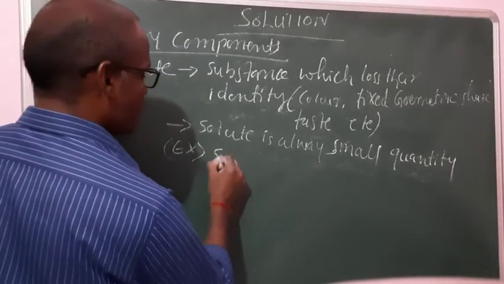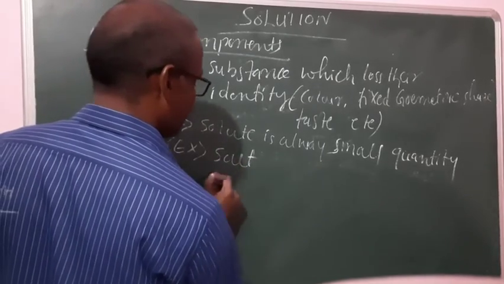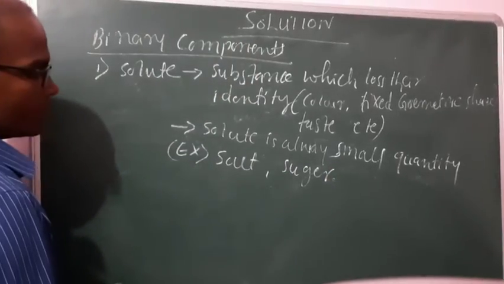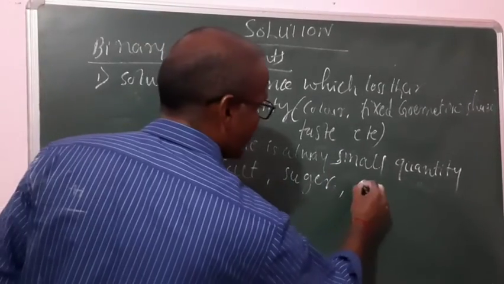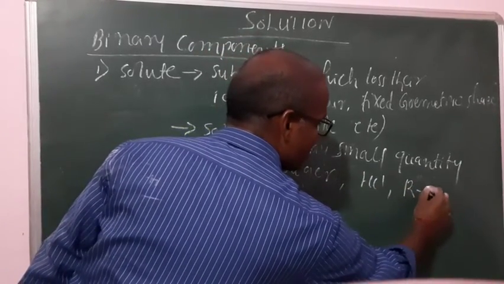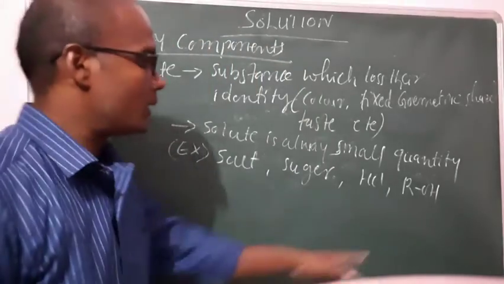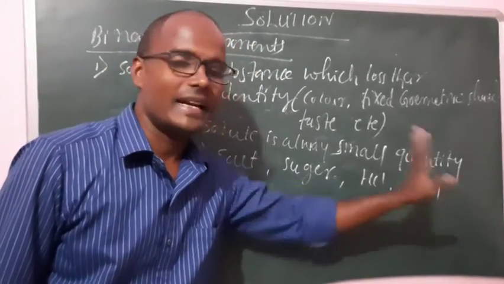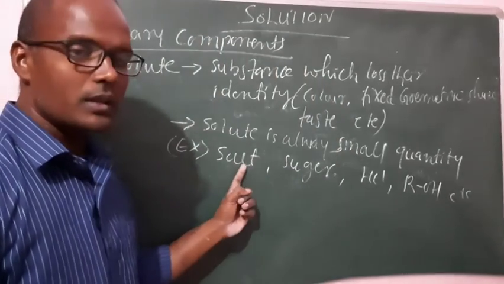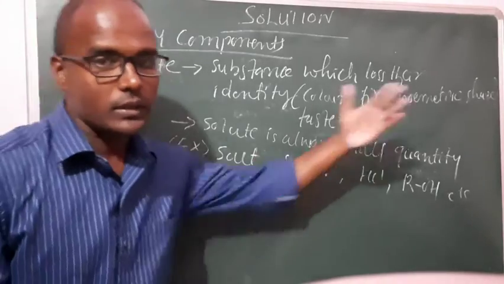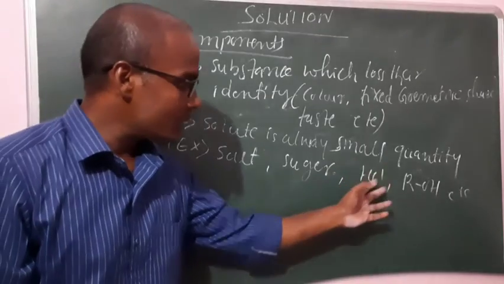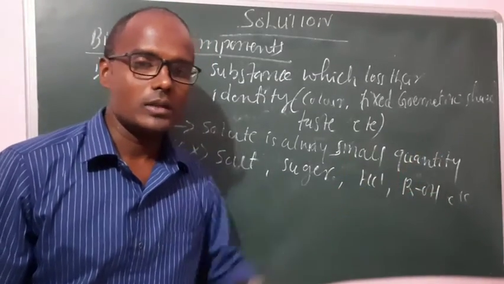Examples are salt, sugar, some acid like HCl, and the alcohol component, ROH, etc. These are all substances which lost their identity when they combine with some other components. Salt lost its identity, sugar lost their identity, HCl, ROH, alcohol, all lost their identity.